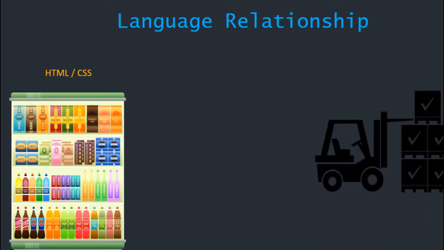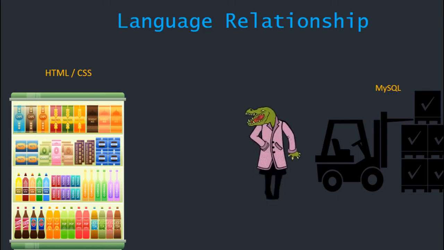Way in the back, we have our database. We're going to be using MySQL. That's kind of like a warehouse at a store. In a warehouse, they're going to store all the products and merchandise that eventually will probably have to make its way to our HTML/CSS shelves. Alligator Store Manager Woman PHP comes to save the day.